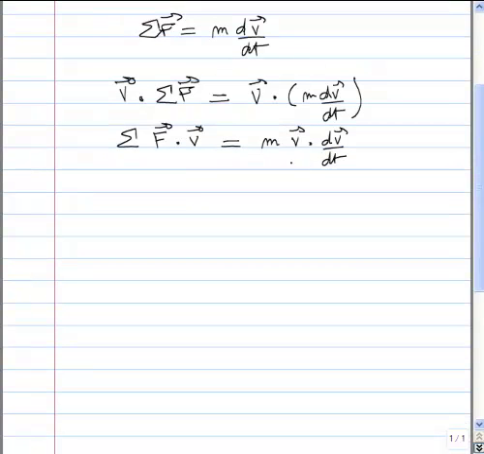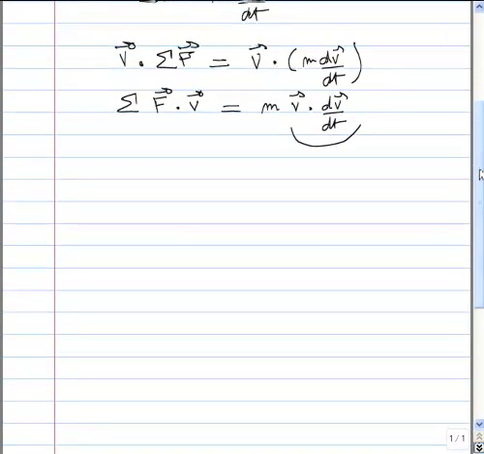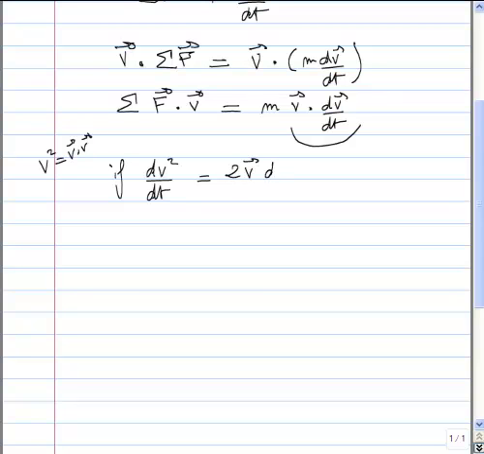Okay, so right now I'm interested in this term. So let's back up a little bit and look at this ratio, where it is understood that v squared is v dot v. So if I want to take the time derivative of v squared by using the chain rule, I end up with 2v dv/dt, right?